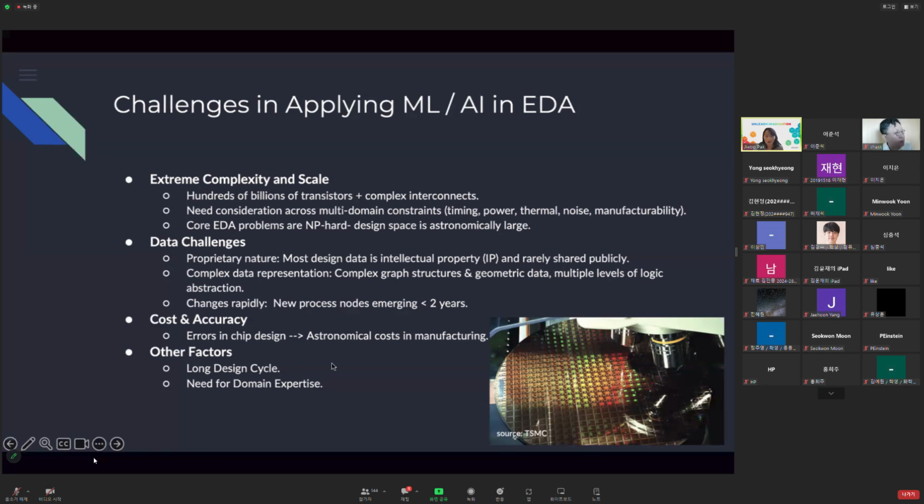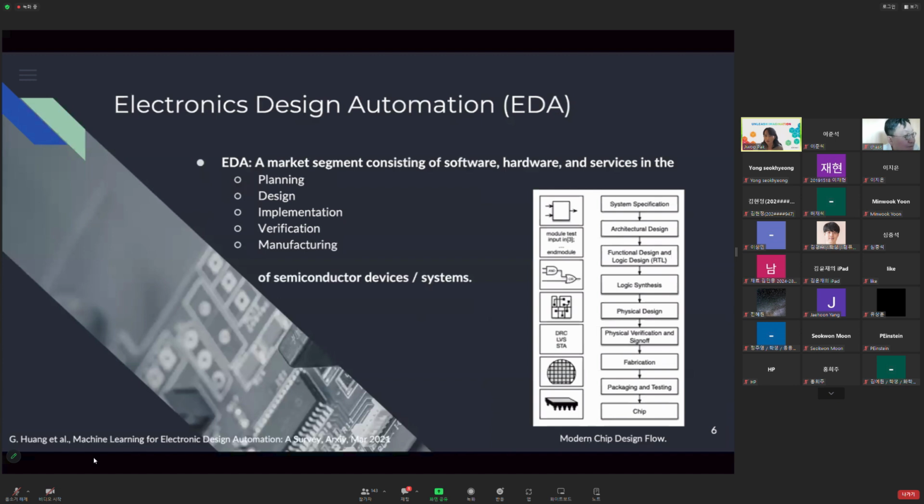Unlike most of the software in EDA, especially if it's already signed off and sent to fabrication, and after that, let's say you find some error in the chip design, then it will be a disaster. To refabricate everything, and sometimes you may need to go back to the previous step, right?